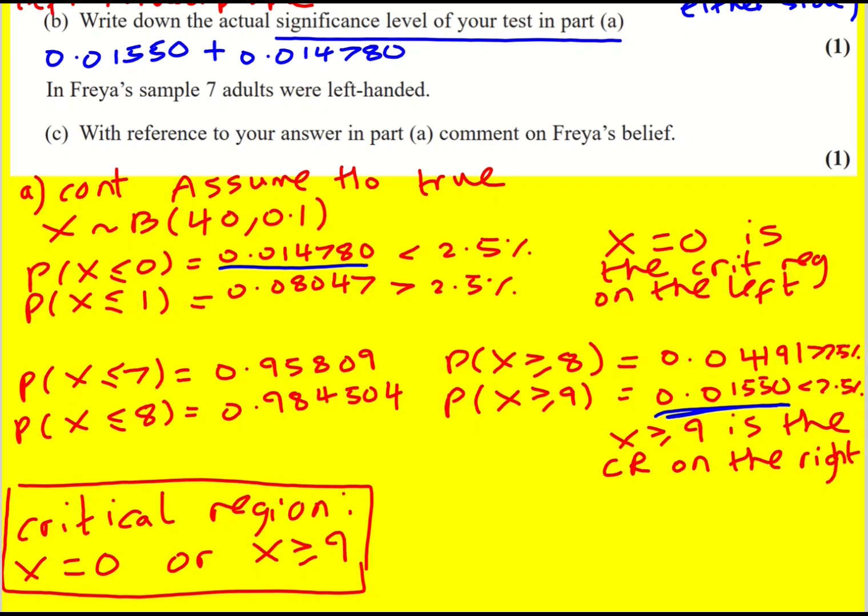That's the probability that we have x equal to 0 or greater or equal to 9, in which case we would reject H0. But we've got to recognize there is a chance that it could have happened just due to natural variation. And that is our actual significance level.